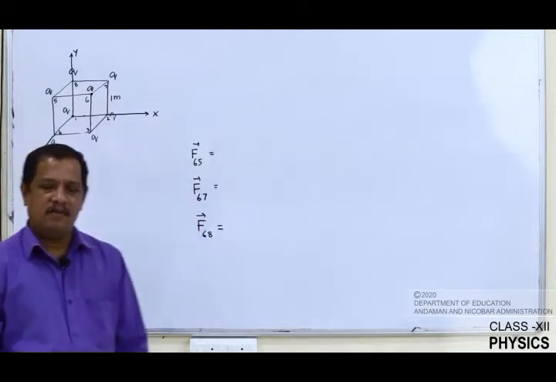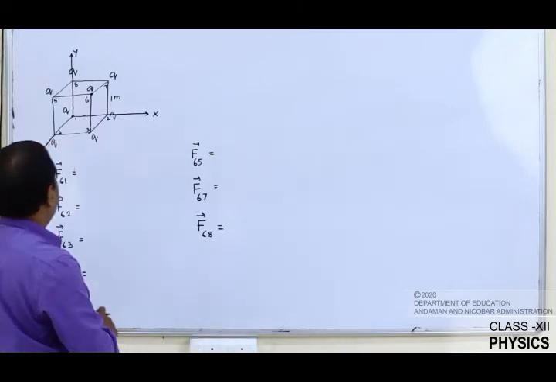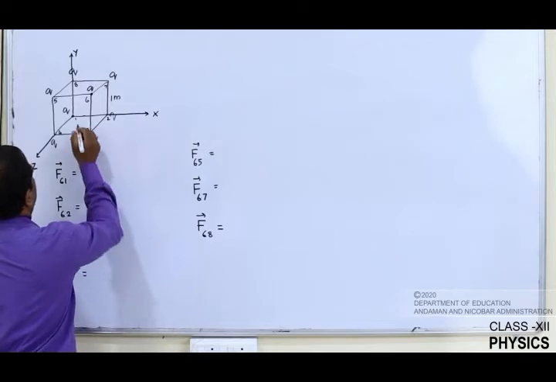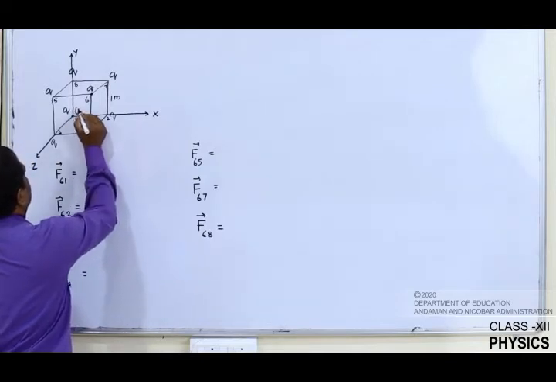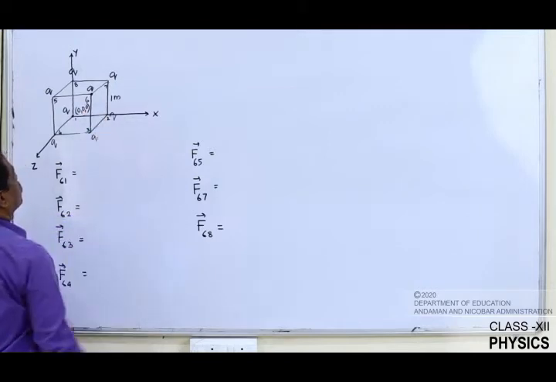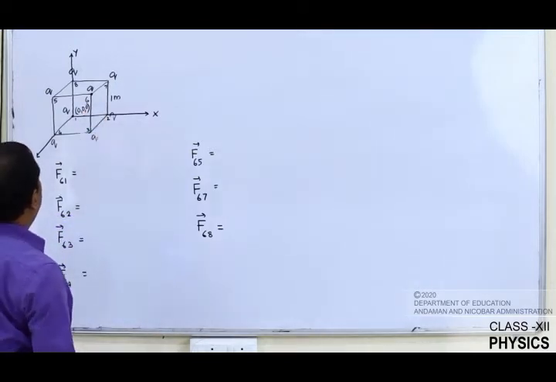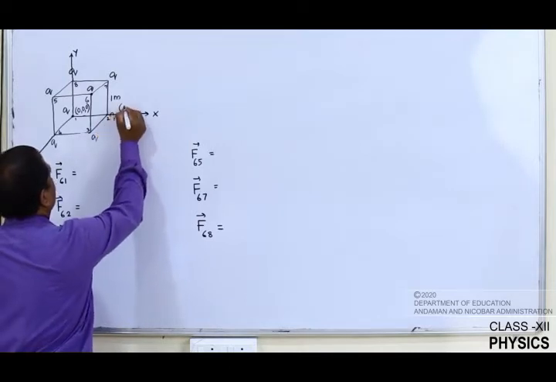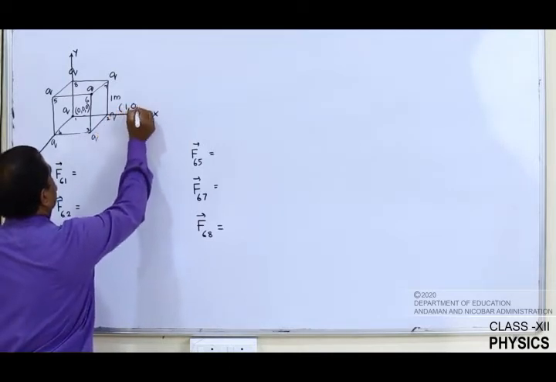To solve this, I am going to assume the coordinates. The coordinates will be here. See, 0, 0, 0. And this is along x-axis. So vertex 2 will have 1, 0, 0.